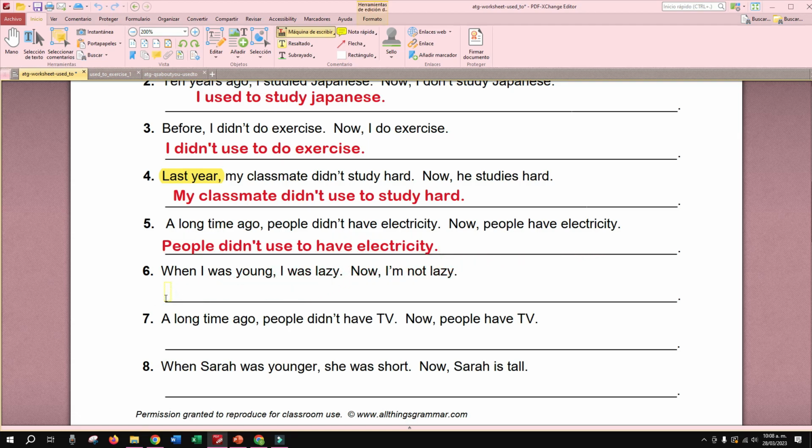6. When I was young, I was lazy. Now I'm not lazy. Which could be that one? When I was young, I was lazy.